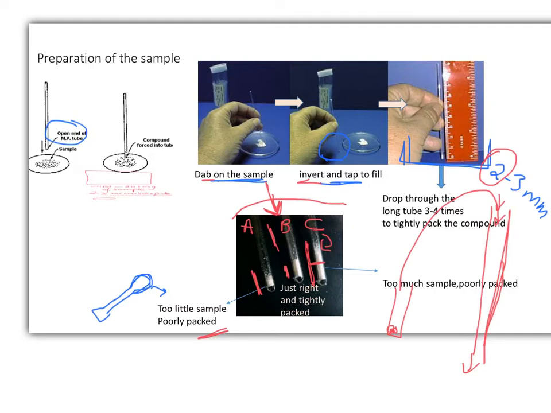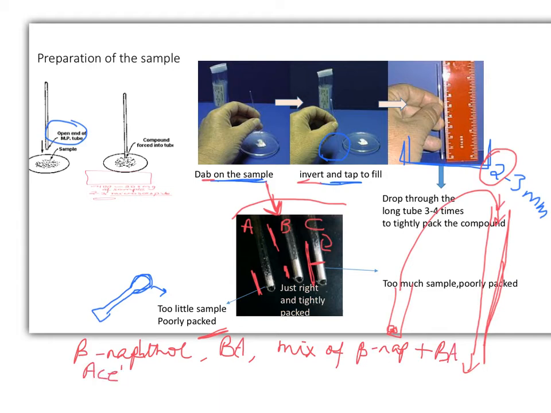You will need 3 such packed capillary tubes, and total 4 samples have to be done. That means each group would run beta-naphthol, everybody would run benzoic acid, you would run a mixture of beta-naphthol and benzoic acid, and you have a choice to either run acetanilide or urea.